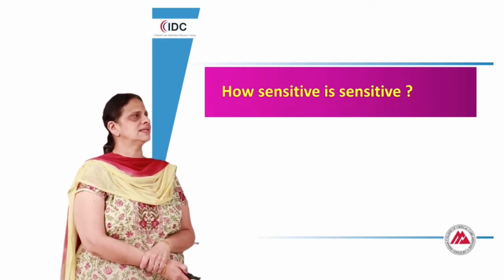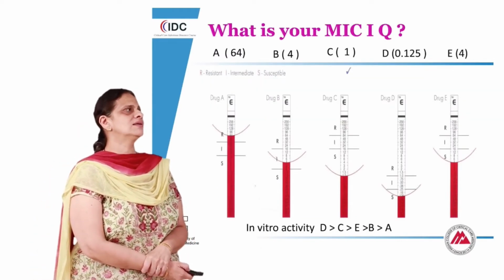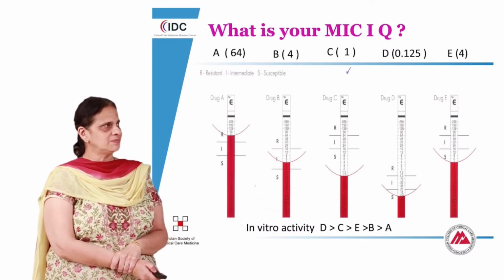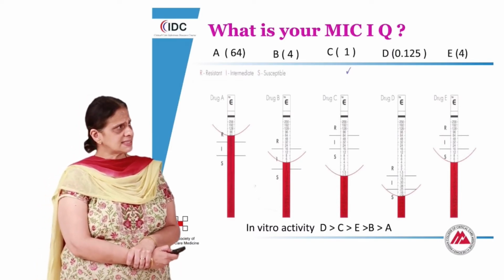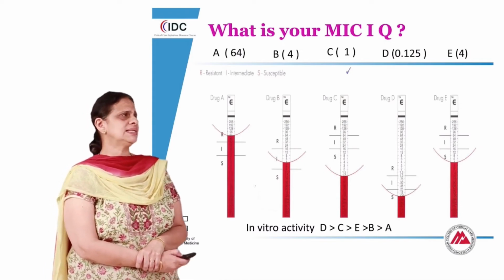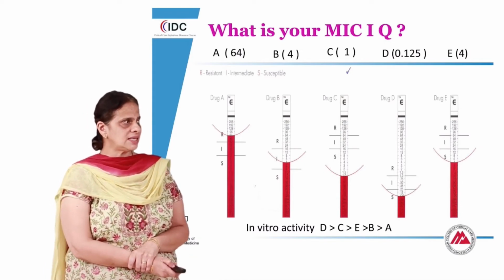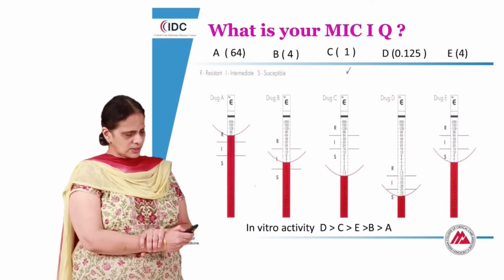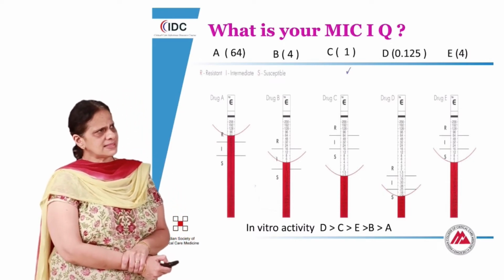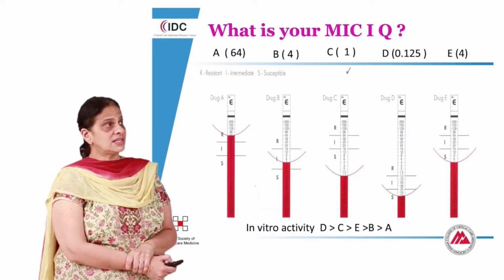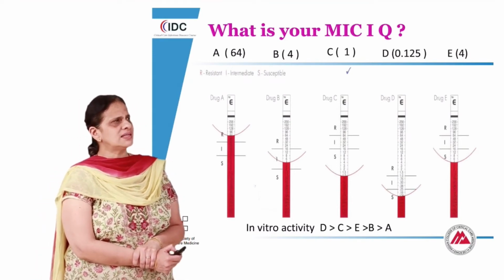How sensitive is sensitive? Now look at this. If I were to ask you what is your MIC IQ here, what would you say was the best? These are E-tests that are showing MICs, drugs A, B, C, D, E. And if you look at this, apparently D looks the best because it has a really low MIC.